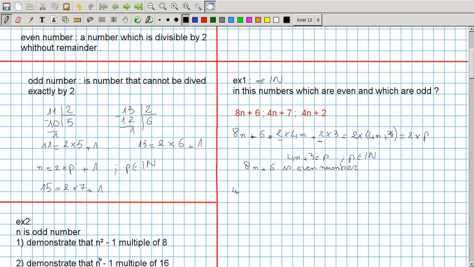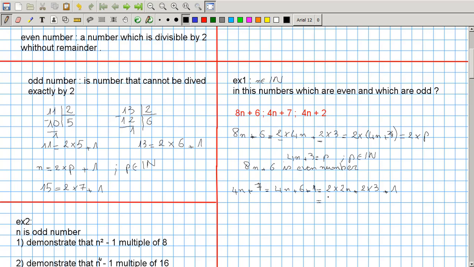For 4n plus 7 equal 4n plus 6 plus 1 equal 2 times 2n plus 2 times 3 plus 1.